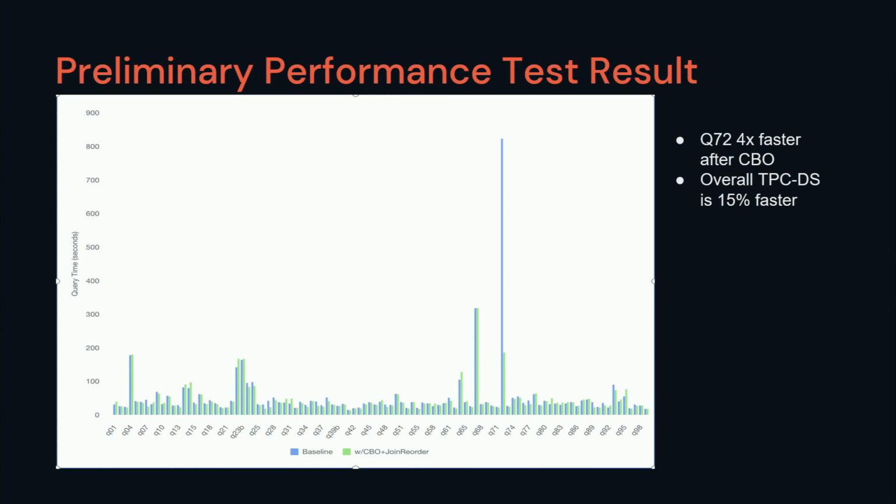Just a very quick summary, we got a 15% improvement over without stats and without CBO. It's a little smaller performance improvement than we had hoped or expected to get. But query 72, which is that long blue line, which was the worst performing query in the entire TPC-DS benchmark for us, had a 4-time improvement. It was 4x faster.